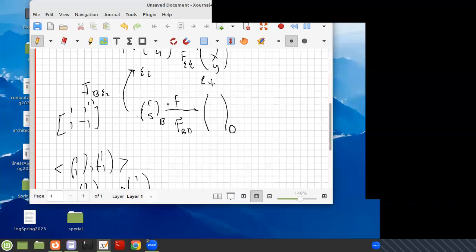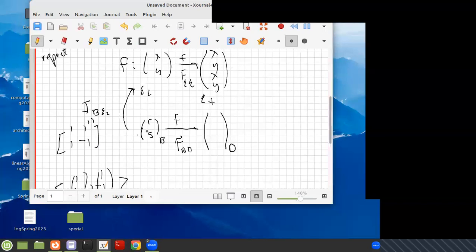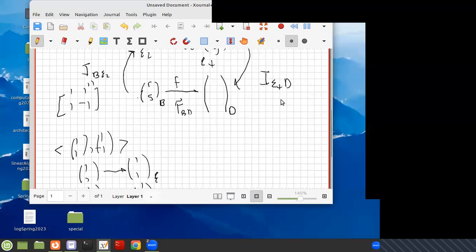Okay, but then if we start here, instead of going straight across, we can go up this way, then across with F E E. Then we need to go down this way from E4 to D, so we need the identity from E4 to D. This was B E2, and this is E4 D. So we need this matrix here.